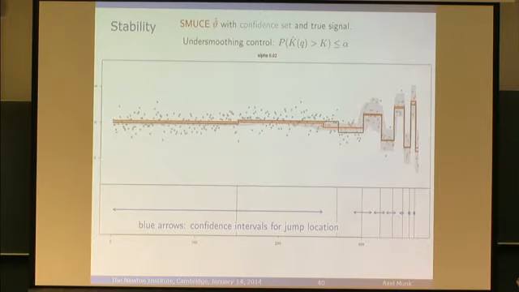And here, the error is very small, it's 2%. So that means you want to control the probability that you overestimate the true number to be less than 2%. What happens is that you miss this jump location here, because you really have to give a very strong guarantee.